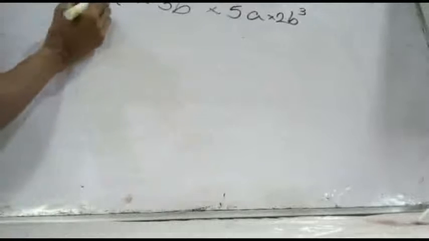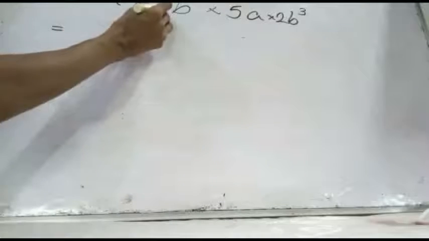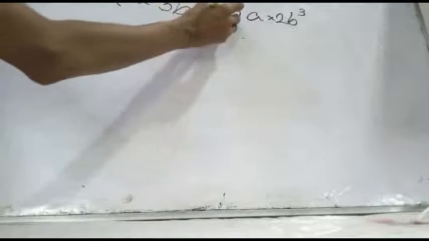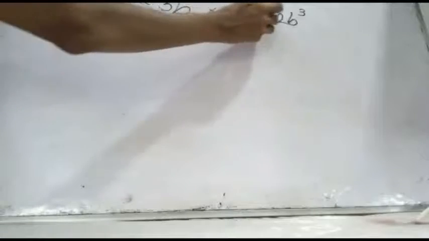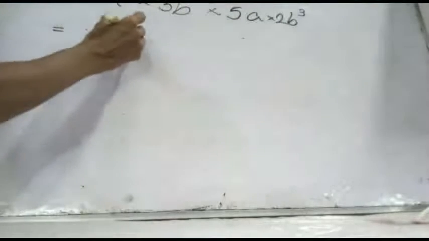Next, 2a squared is multiplied by 3b squared is multiplied by 5a is multiplied by 2b cubed. First we multiply the numbers. 2 times 3 is equal to 6. 6 times 5 is equal to 30. 30 multiplied by 2 is equal to 60.